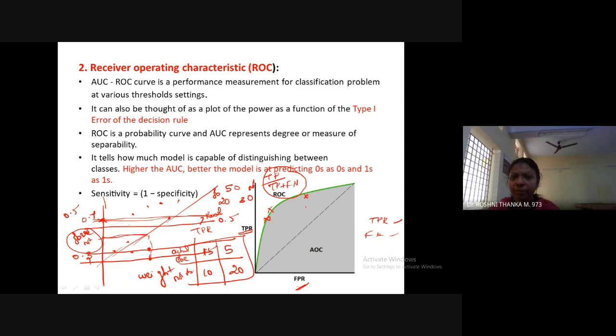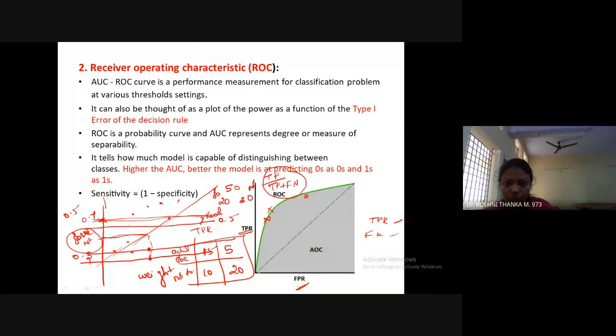That curve is called the ROC curve, receiver operating characteristic. I hope now you are able to understand this. The area which is coming below this is called the area under the curve, AUC.